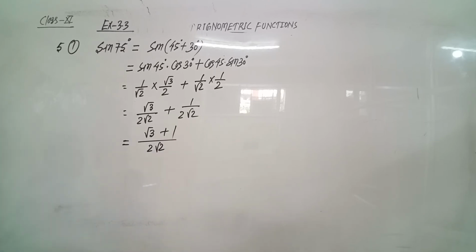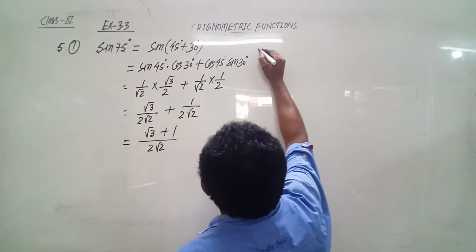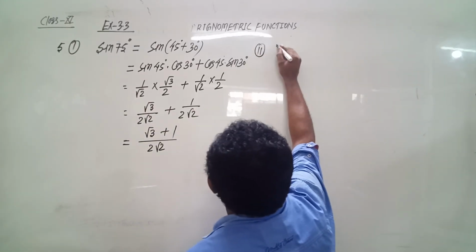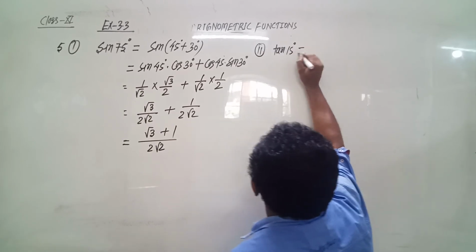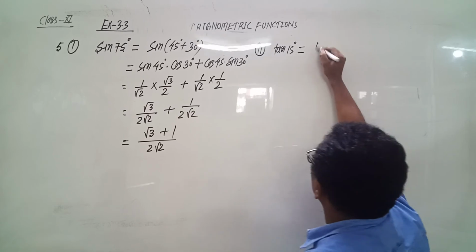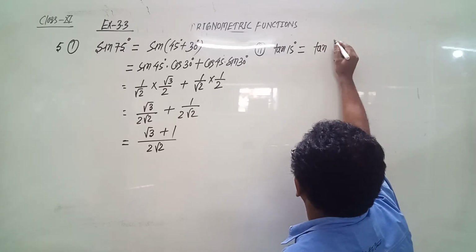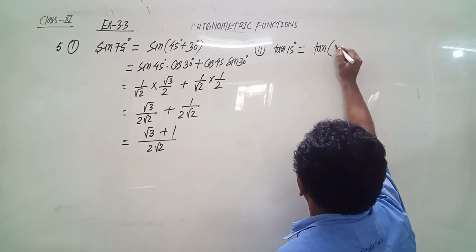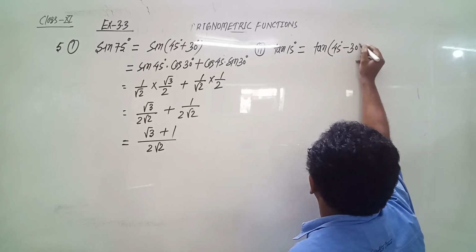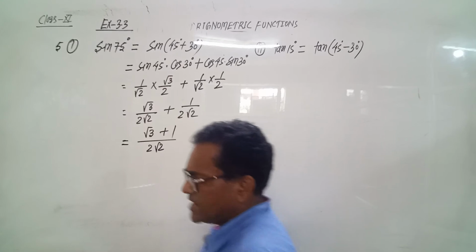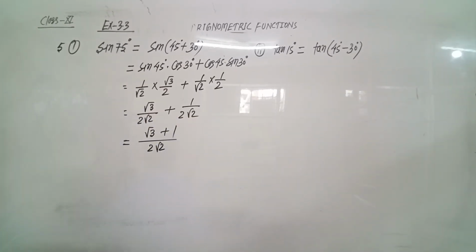Then next, tan 15. Its second part is we have to calculate tan 15 degree. So 15 degree can be written as 45 minus 30 degree.